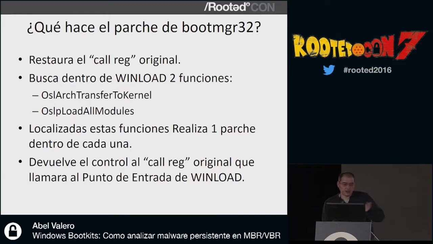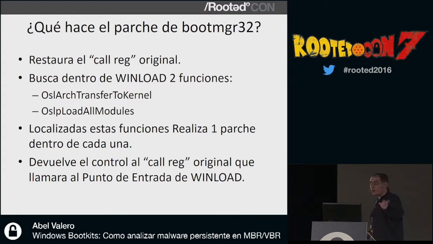So what does the patch do here? It restores the original call. It adjusts the input, and it will look for two functions within WinLoad. The first one, OslArchTransferToKernel, and OslpLoadAllModules.